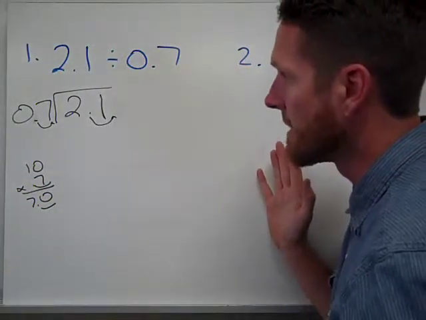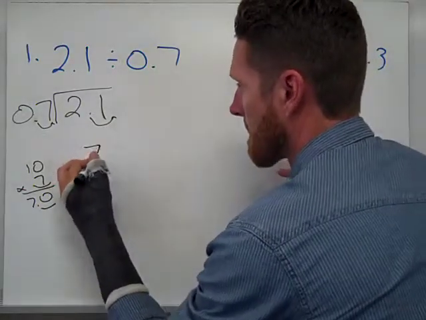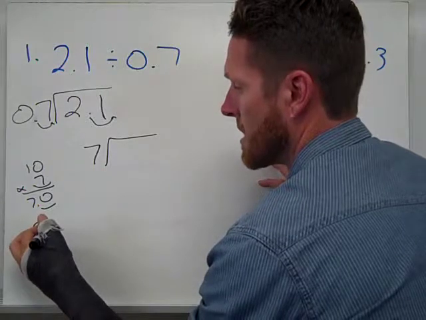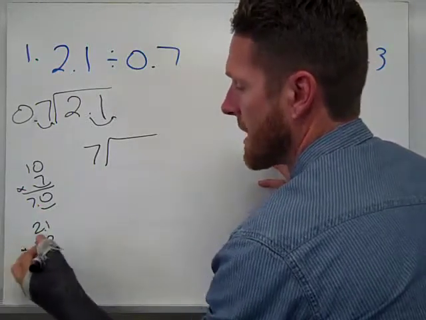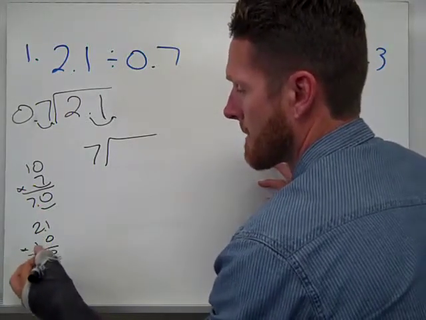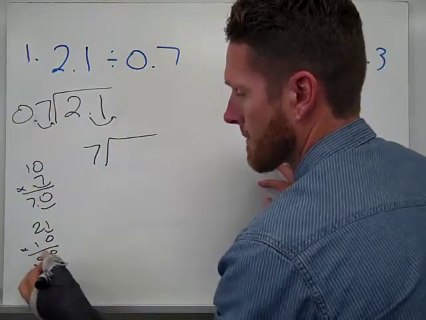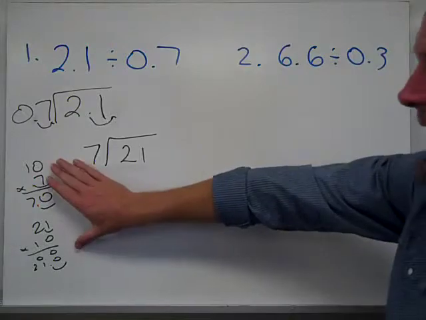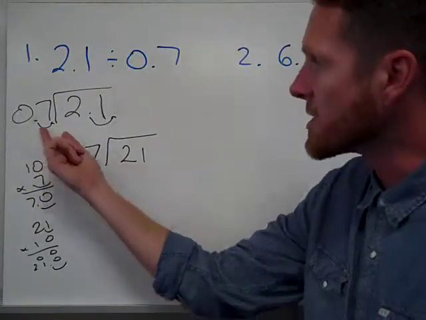Either way, I get the same thing. So this becomes 7, and 2.1 multiplied by 10 becomes 21.